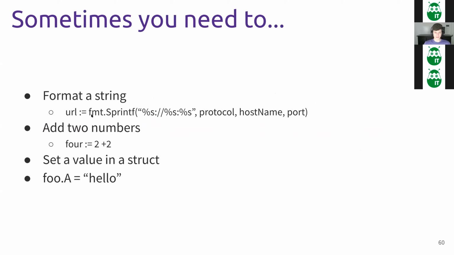So this slide here says fmt.sprintf. The first argument of sprintf is going to be the format string, and all of the other arguments of sprintf are the parameters that we want to substitute within that format string.